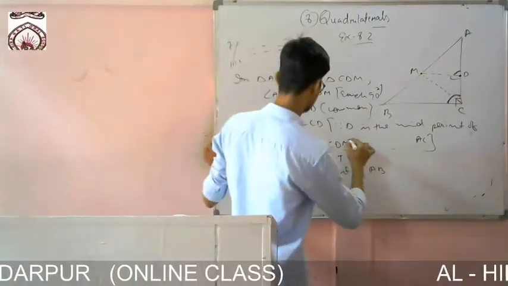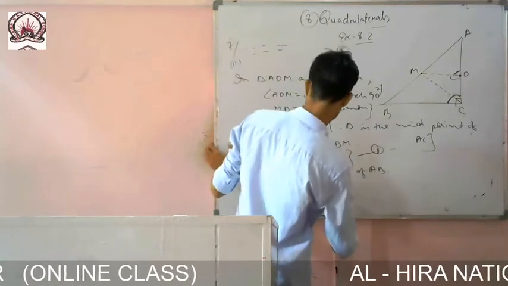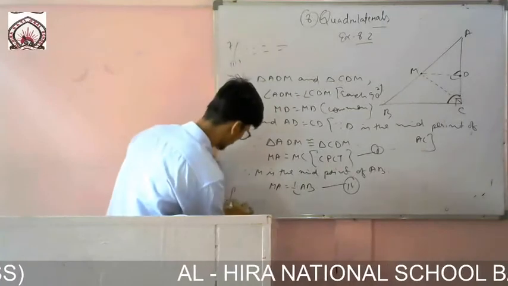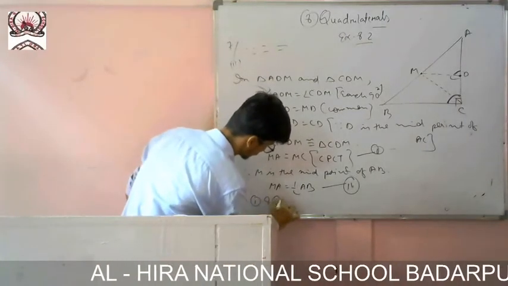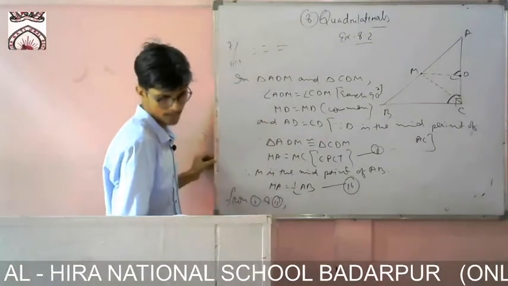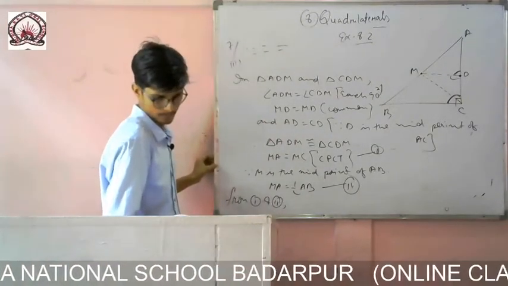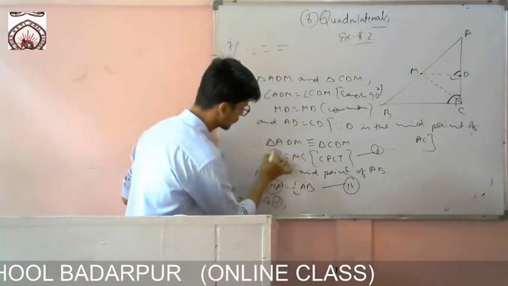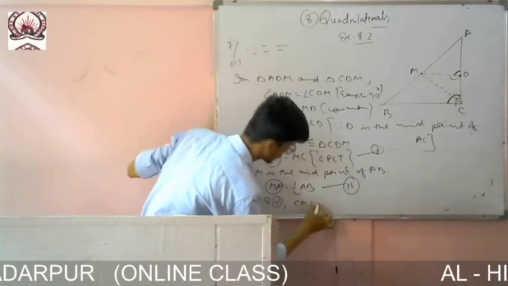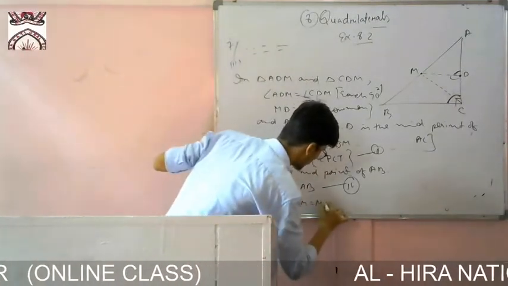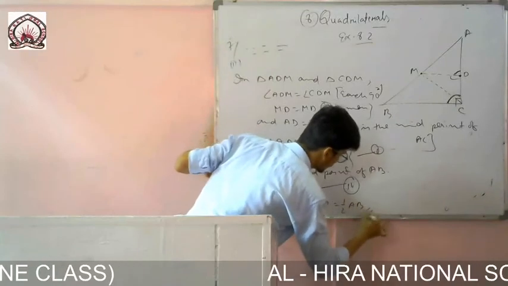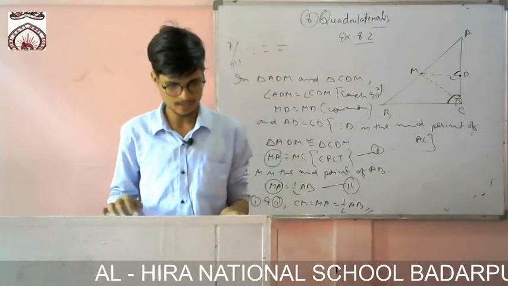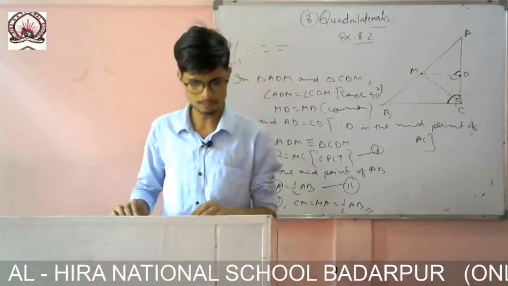If I call this equation number 1 and this one equation number 2, then from 1 and 2 I can write what I have to prove: MA equals MC, MA is common, so CM equals MA, which is half AB. Finished. So this is the end of this exercise.